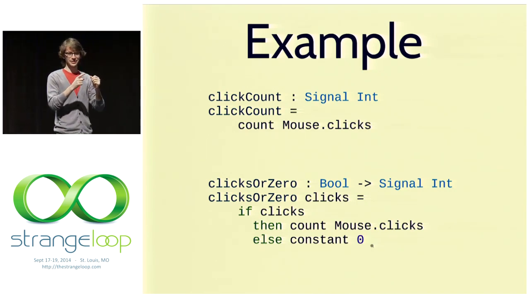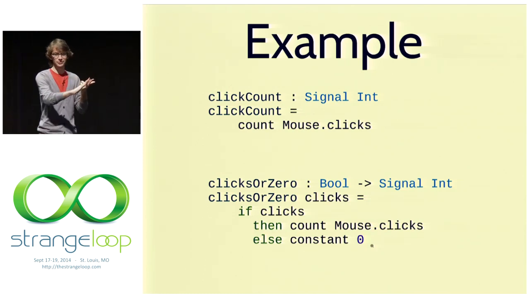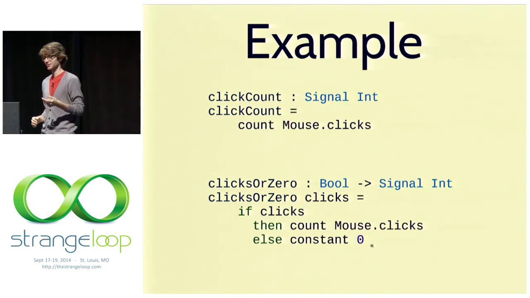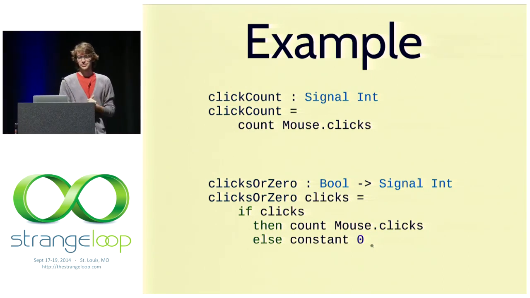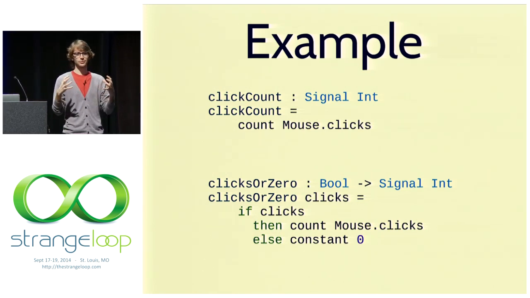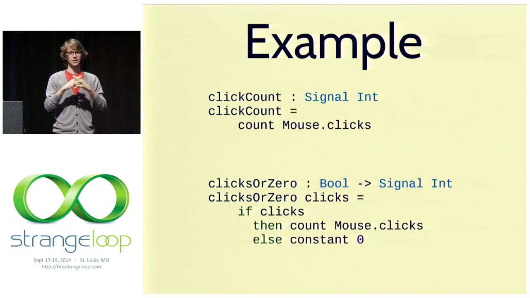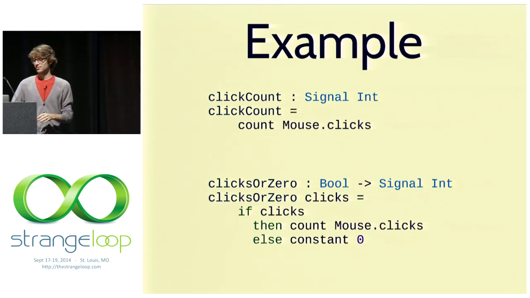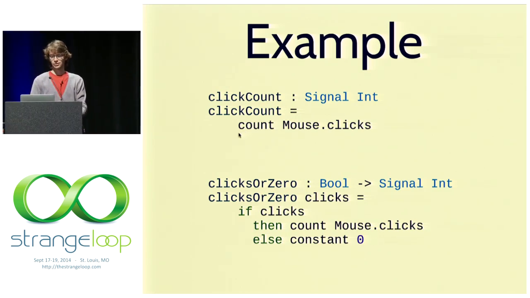OK, what should the value of my signal be? Should it be 0, because I'm restarting? Should it be 5, because I'm picking up where I left off? Should it be 10, because that's the total number of clicks that have happened over the course of this application? Now, because a lot of this research happens in purely functional languages, or languages where we want to have properties about equational reasoning, our answer is chosen for us.